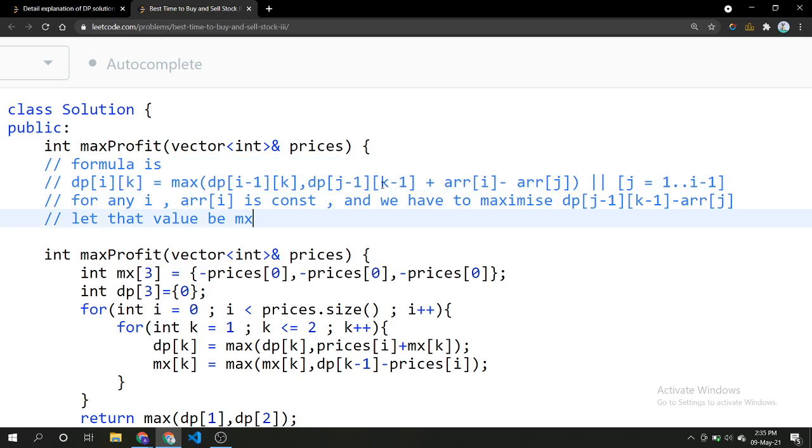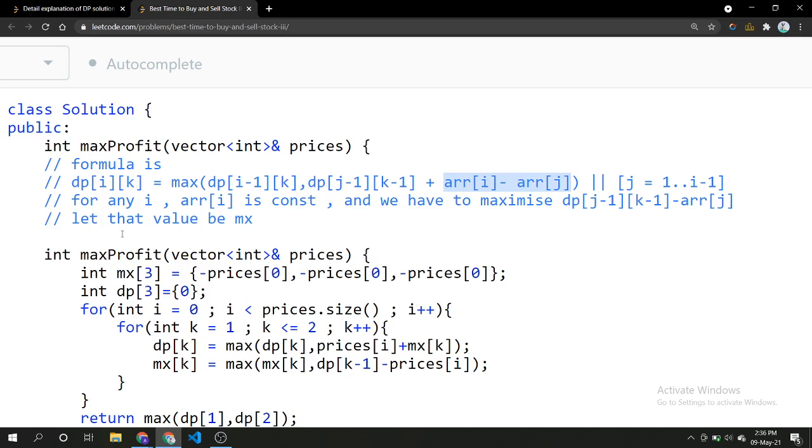For k minus 1 transactions, we find the value which is maximum, and we put that value. So in this value, we already have the answer for k minus 1 transactions, and we are calculating our kth transaction, and we are storing the maximum of that.